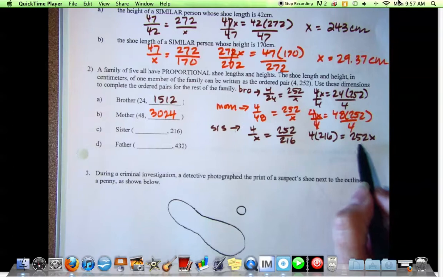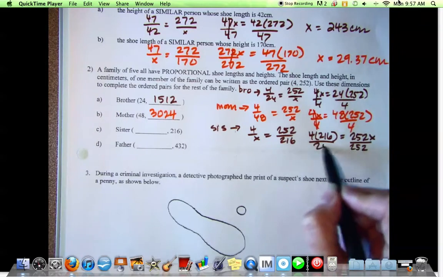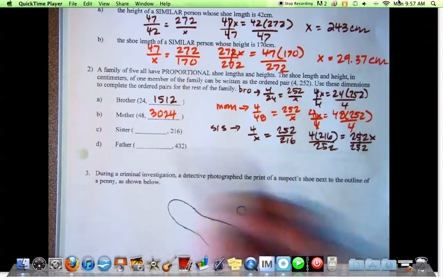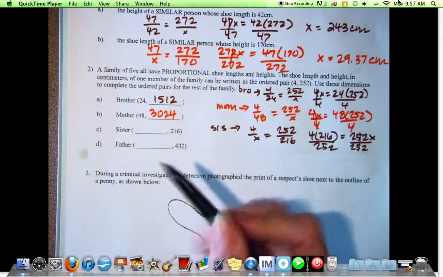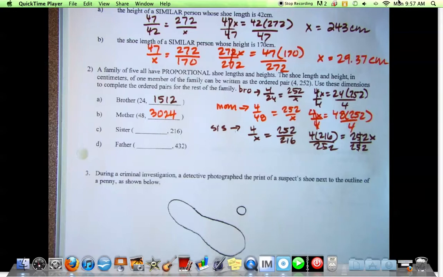Now what? Divide by 252. And what do I have? 3.42. Is it 3.42? Wait. Yep.